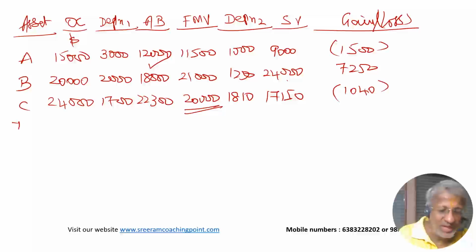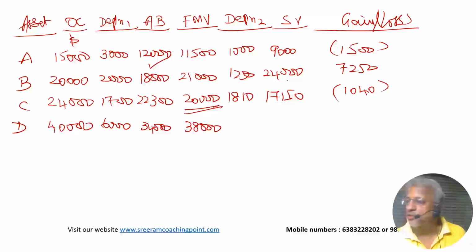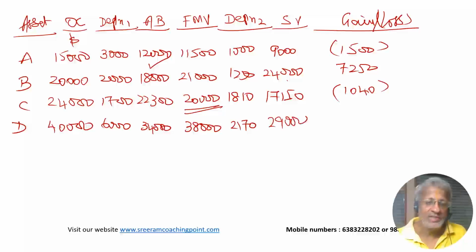Now let us take up the case when the initial loss and the ultimate loss turn out to be the same. Let me take an example: 40,000 here and 6,000 as the depreciation there and 34,000 as adjusted basis here, and the fair market value is 38,000, depreciation 2 is 2,170 and the ultimate sale value is 29,000. Now let's try test 1 and test 2.